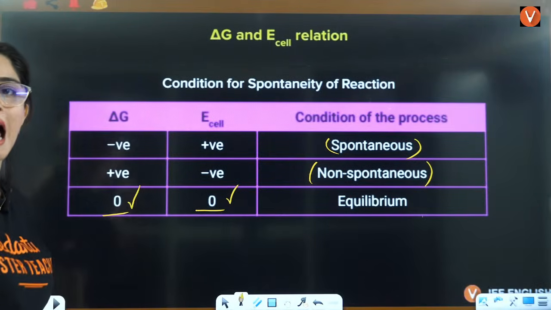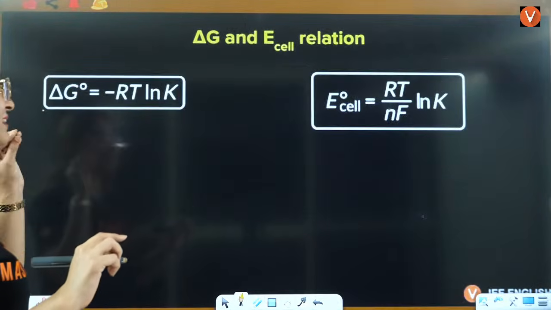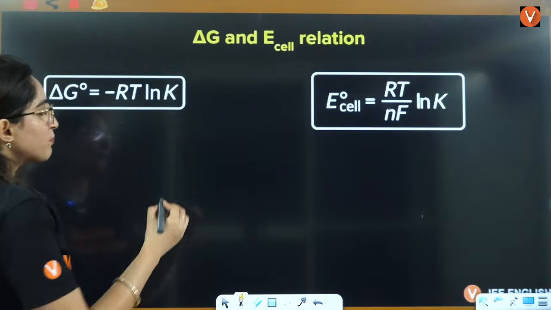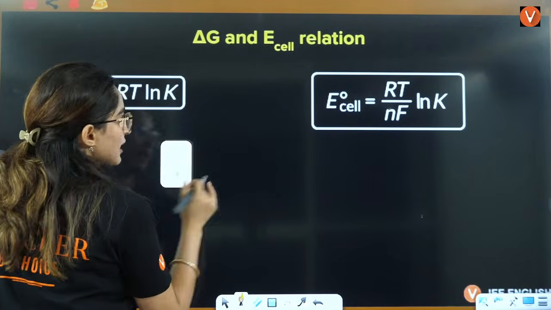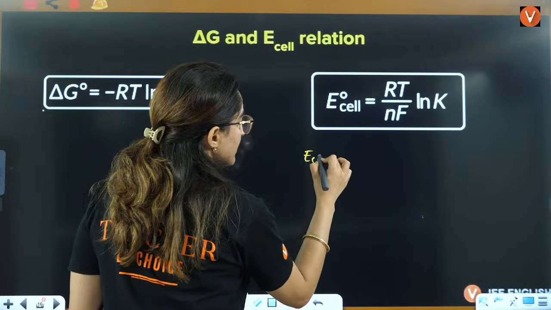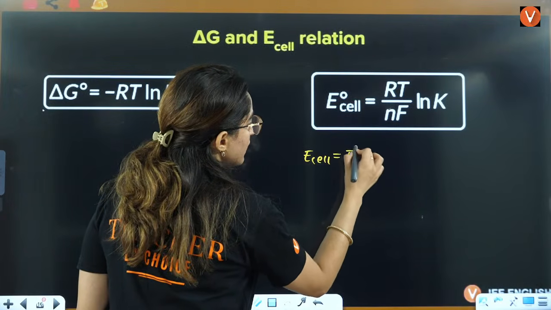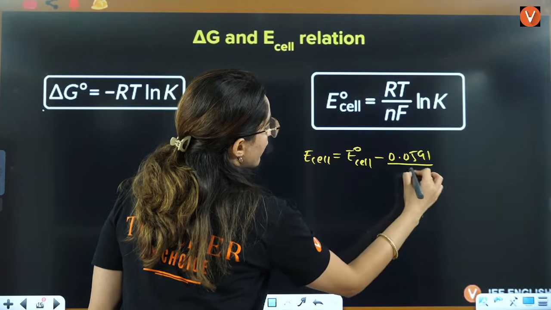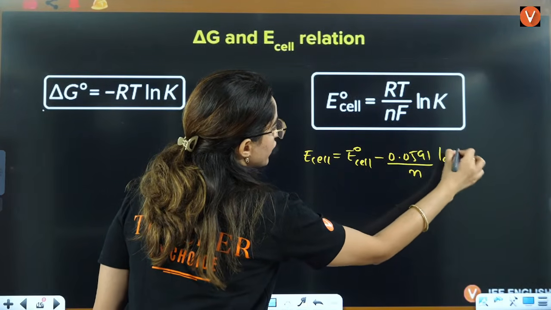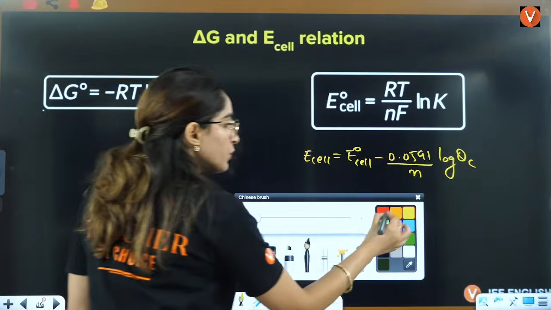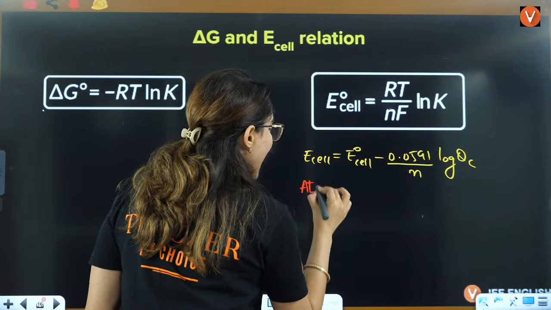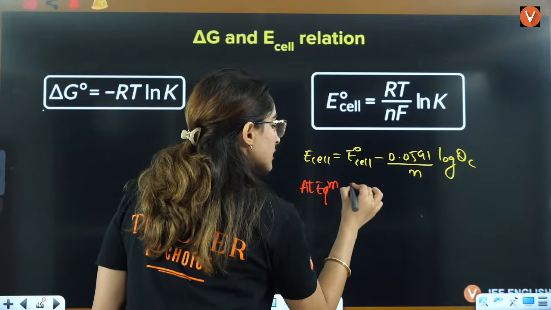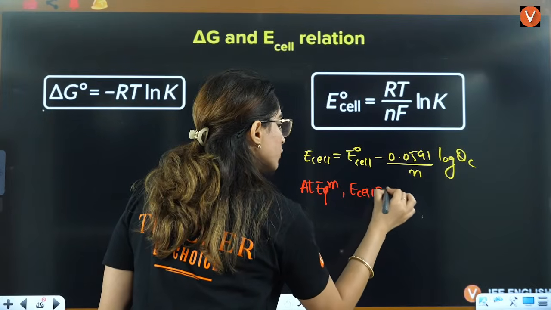At equilibrium, in the Nernst equation, E cell equals E naught cell minus 0.0591 divided by n log of Qc. We say at equilibrium E cell is equal to 0.